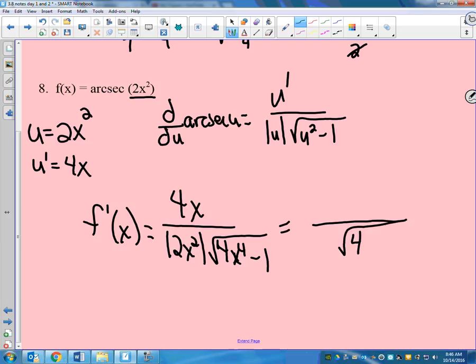You cannot simplify something inside a square root with something outside the square root, but we can simplify this. So I could cross out this x and make this just x. I could divide 2 into 4. So the simplified answer here would be a 2 on top and just an absolute value of x on the bottom.